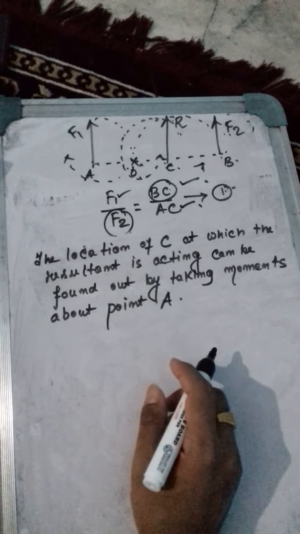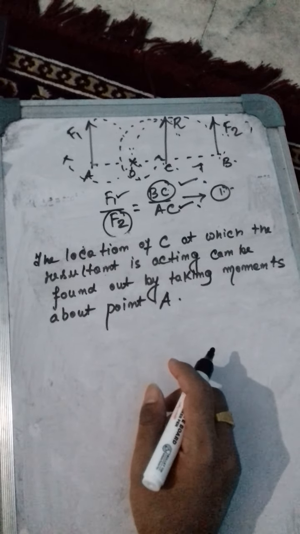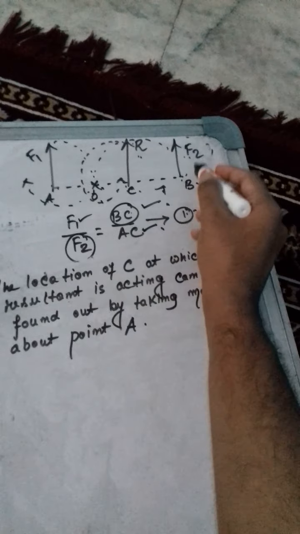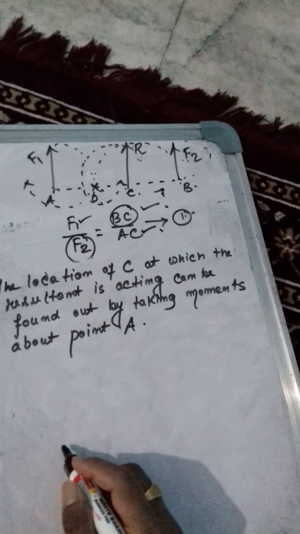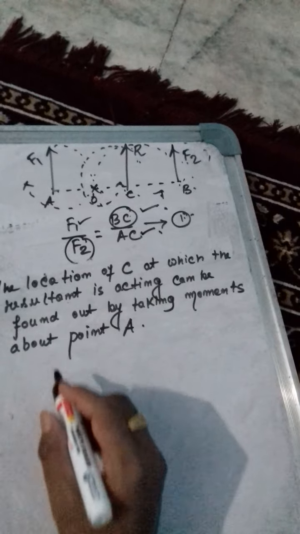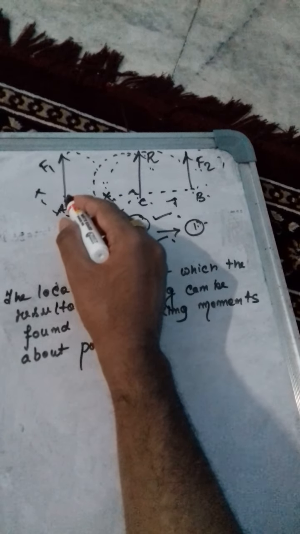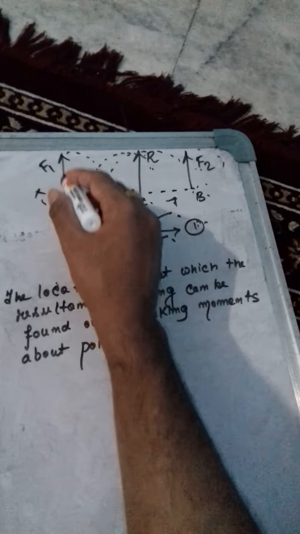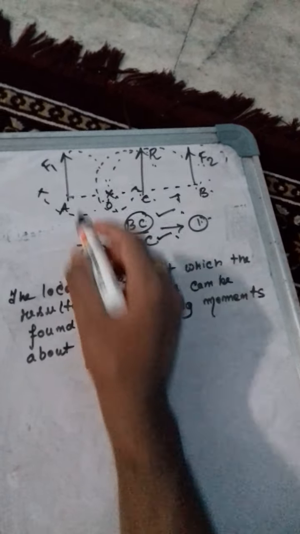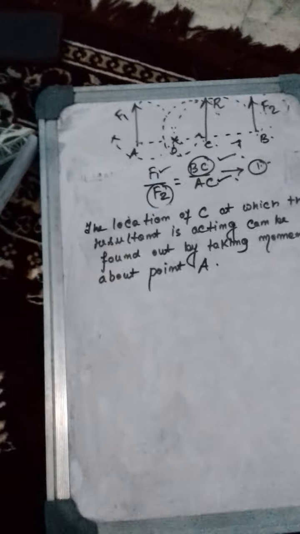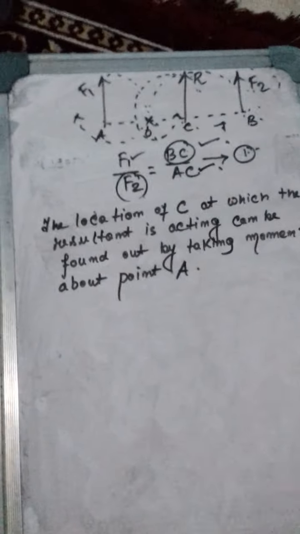So the moment of F2 about this point A, because F1 will not come into action, because F1 is passing through the line of action of point A. So the moment of F1 about point A will be equal to 0. So what will be the moment of F2 about point A?